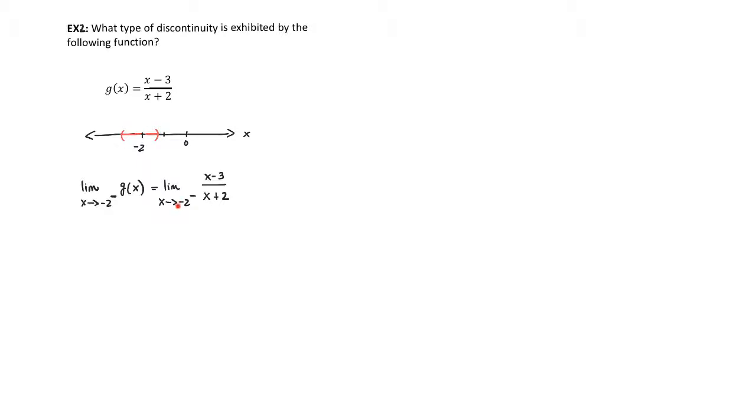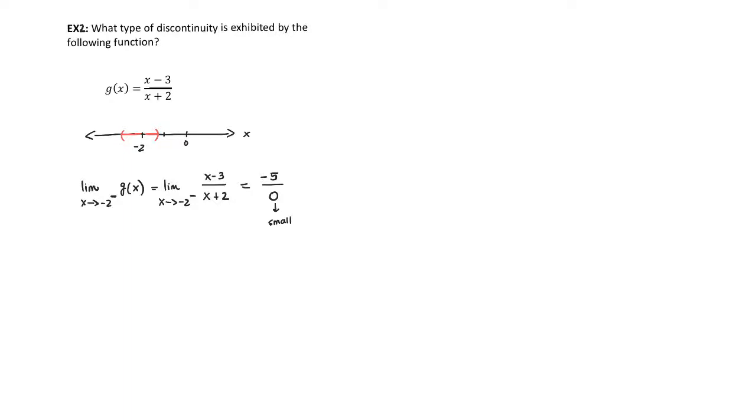As x approaches -2 from the left, the numerator is going towards -5. That's not a problem. But the denominator is going towards 0. In other words, the denominator is getting very, very small.